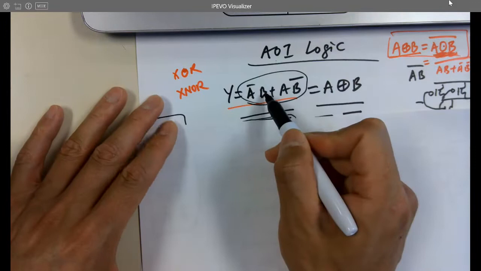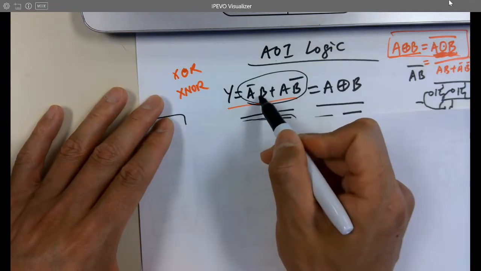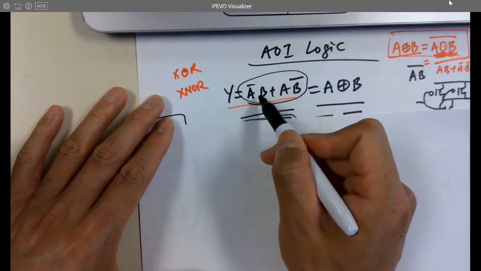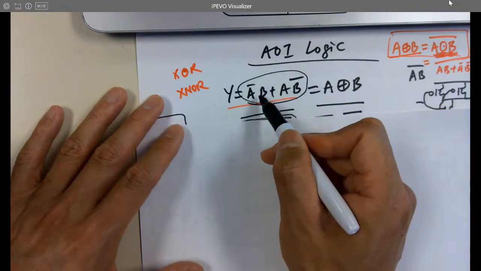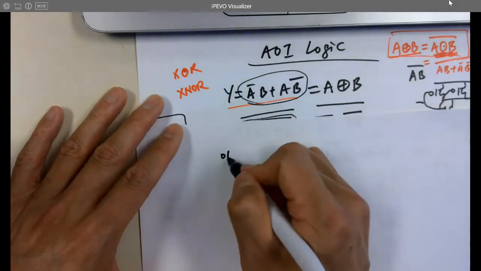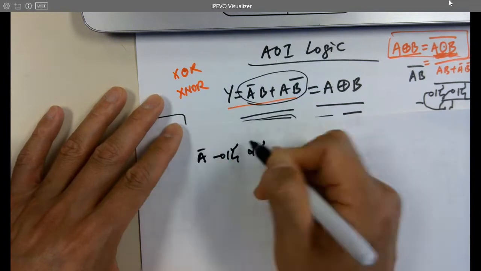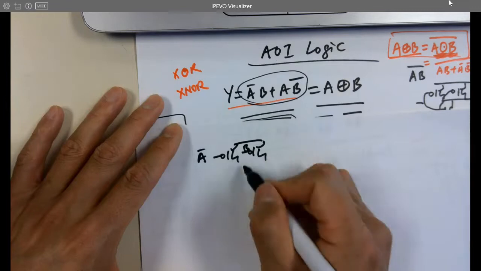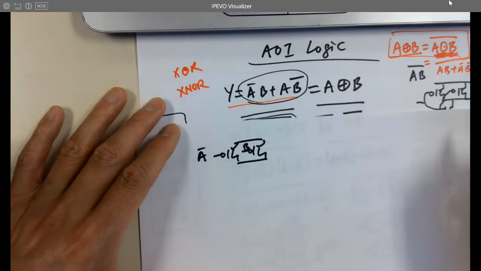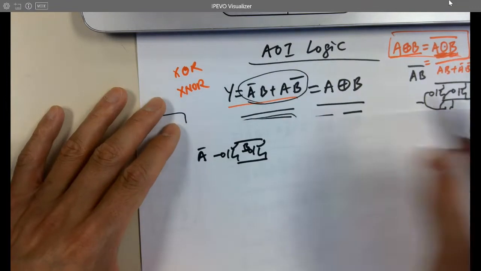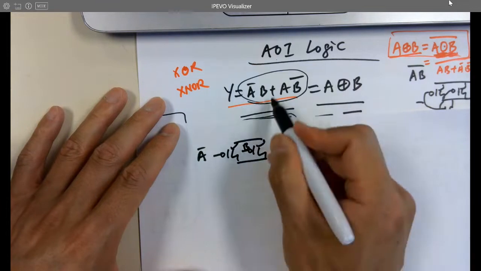So it's A naught B, right? It's AND logic. So do you need a PMOS in parallel or series? Parallel. A naught B. What about A B naught? That's the OR logic.